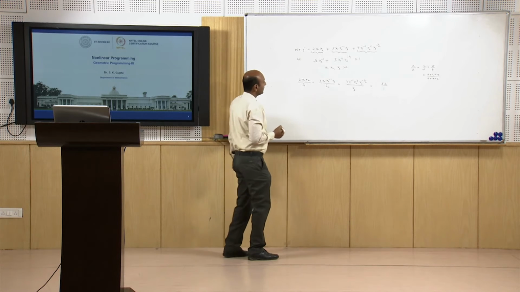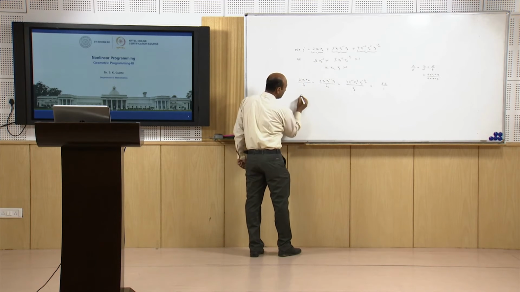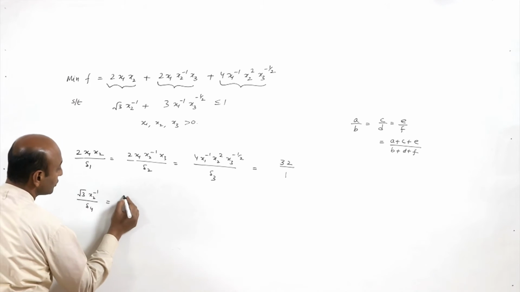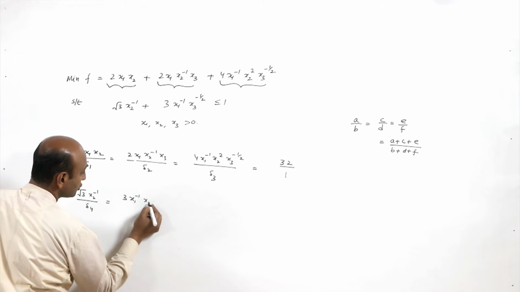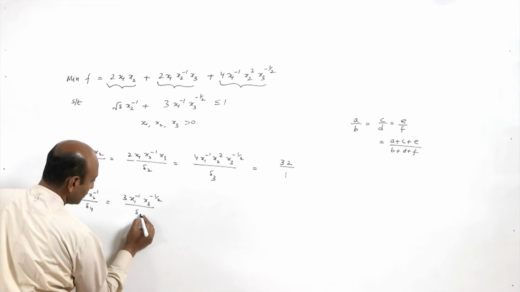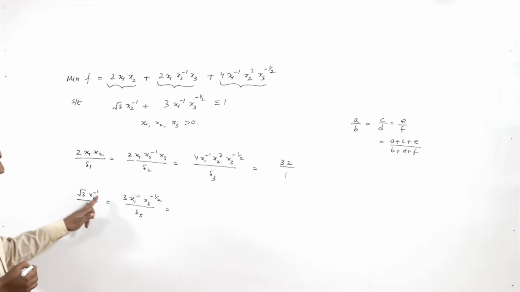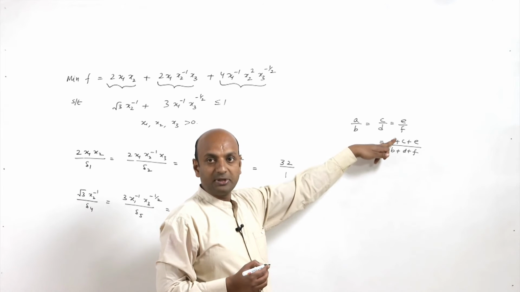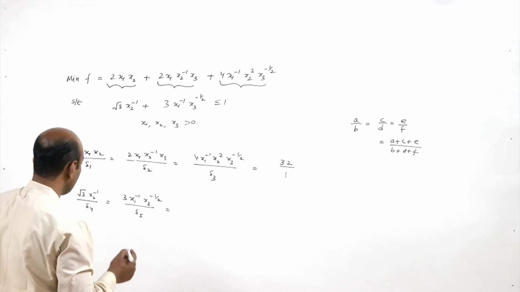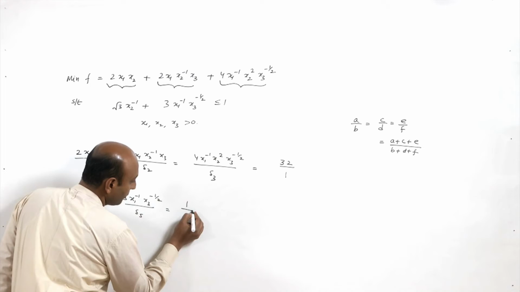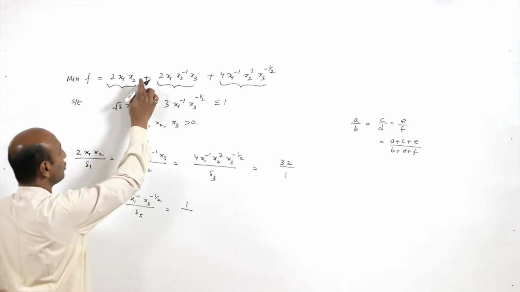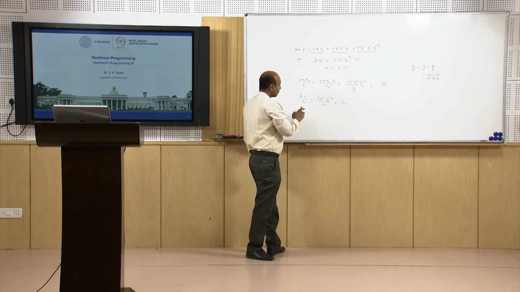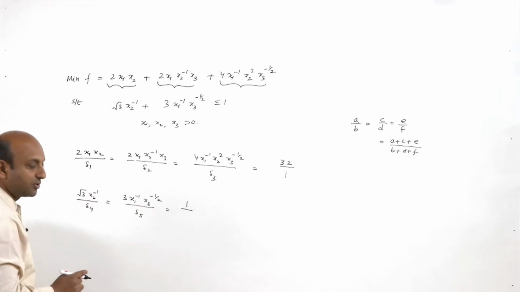And from the next condition, from the constraint, under root 3 into x2 ratio minus 1 upon delta 4 is equal to 3 x1 ratio minus 1 x2 ratio minus half upon delta 5, which should equal, as A upon B equals C upon D equals A plus C upon B plus D, this plus this, which equals 1, because the optimal solution is obtained when equality holds. So it equals 1, with denominator delta 4 plus delta 5, which is lambda.